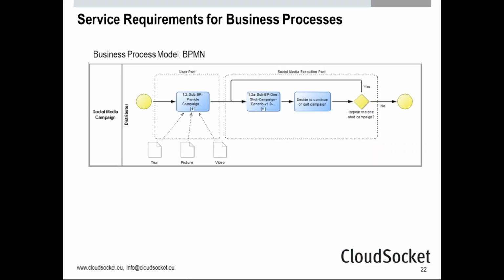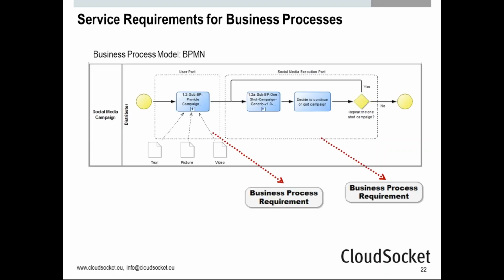Here we see again our process model that I already showed before. And now we want to assign requirements that we have from the business perspective. So what we do, we can group the different tasks and activities of the process, and for such a group we can specify the requirements, the process requirements.